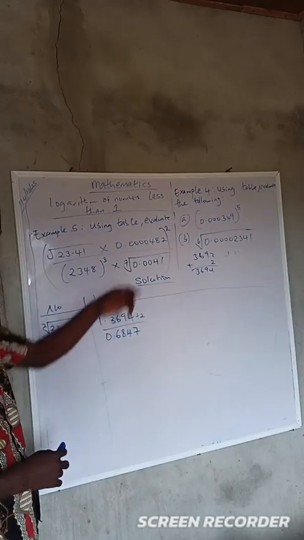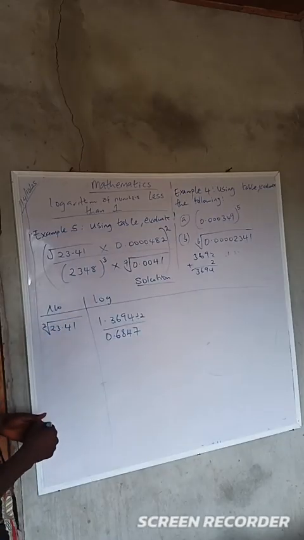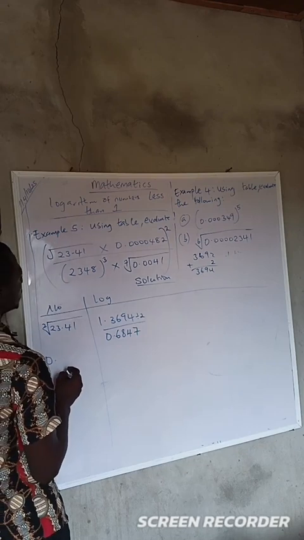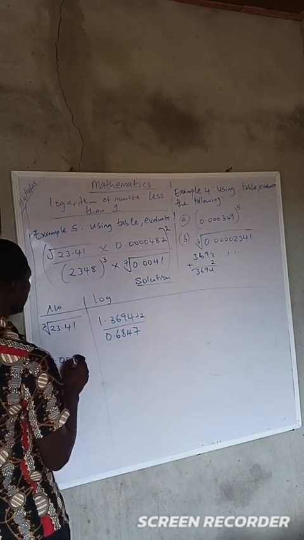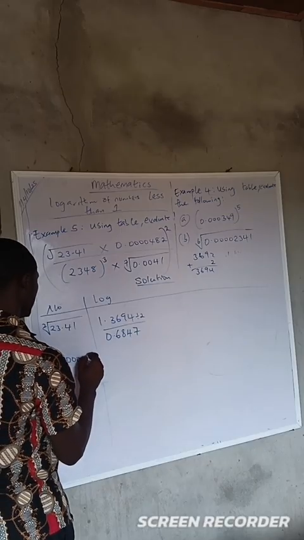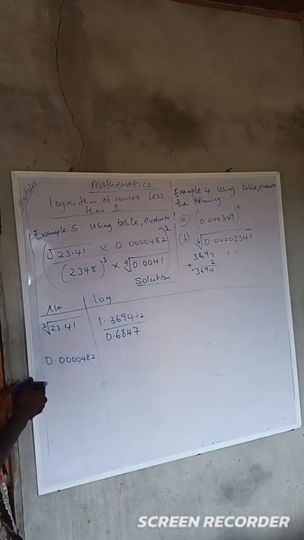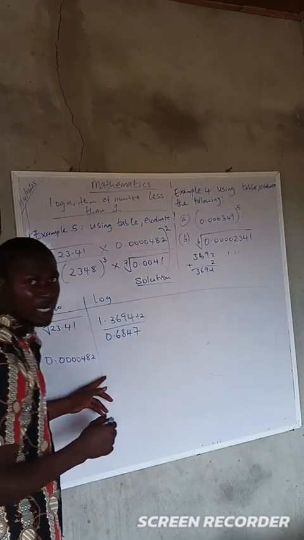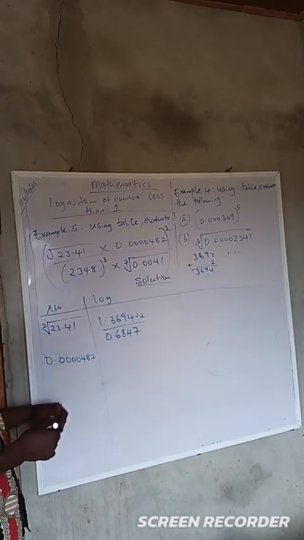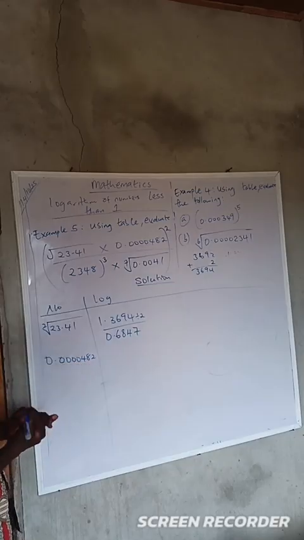Now let's take the next one on the numerator. So we have 0.0000482. Alright. Express this number as a number in standard form. You have 4.82 times 10 raised to the power minus 5.